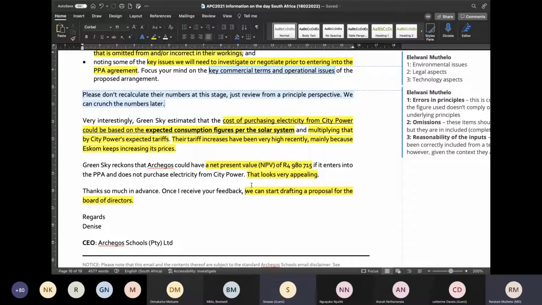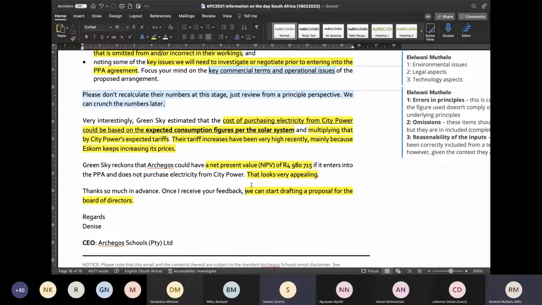Let's now implement a solar system for the complex. So what will it mean? It will mean that the roofs of the homes at your complex will be installed with solar panels. So imagine those solar panels are now the standard roofing in your complex.